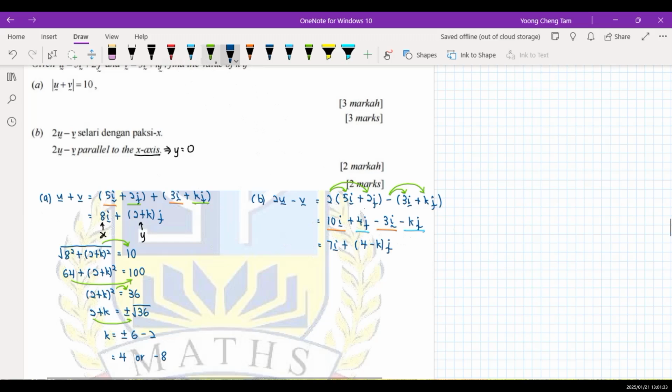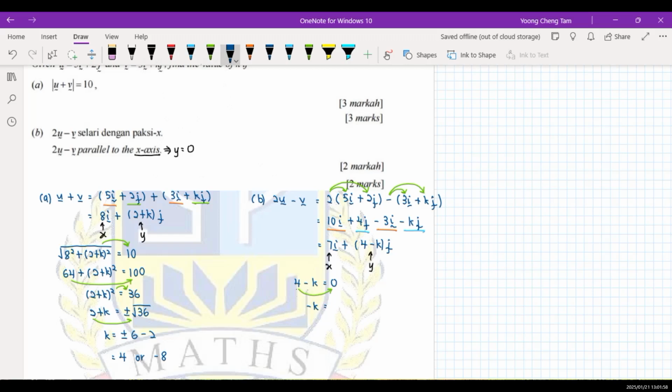And like I said just now, y equal to 0. If you look at the vector, the first number is x, the second number is y. So y equal to 0, 4 minus k equal to 0. After that, move 4 to the other side. So negative k. Of course, the negative wouldn't disappear.